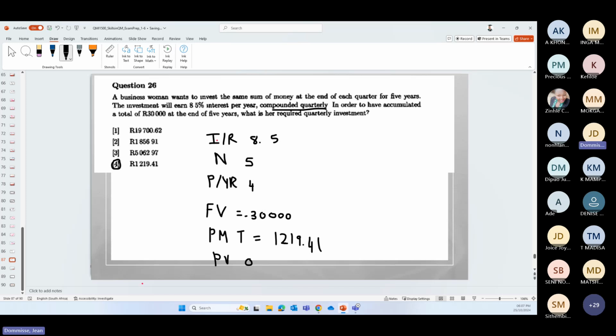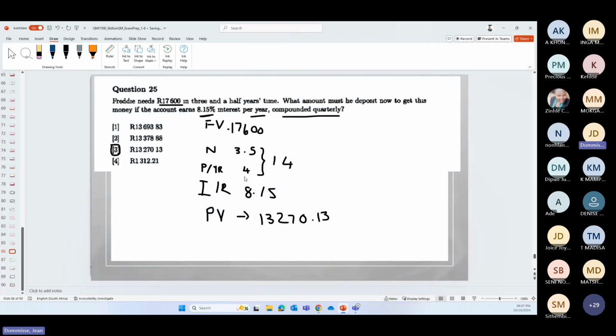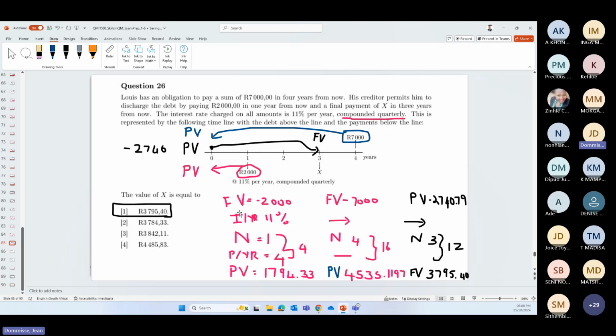Okay, and that is important for you guys tomorrow as well. Just be very careful with these sums where we've now been lucky that it was 4 times per year.